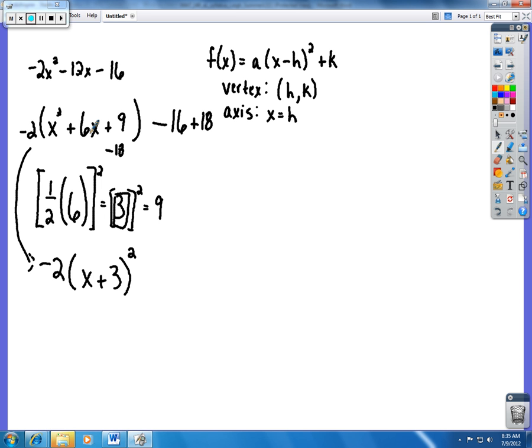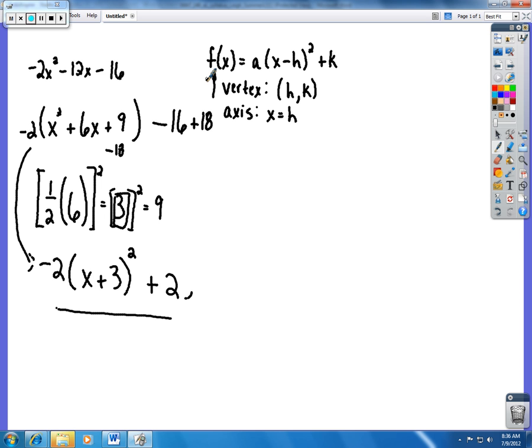We're trying to rewrite this so that we can condense it down into this form. And now I just need to simplify my stuff on the outside. I've got a negative 16 plus 18, so of course that's plus 2. And now my equation is in the form of this guy up here. Sorry, I was going to draw a big line, but I think that would be a bit messy.